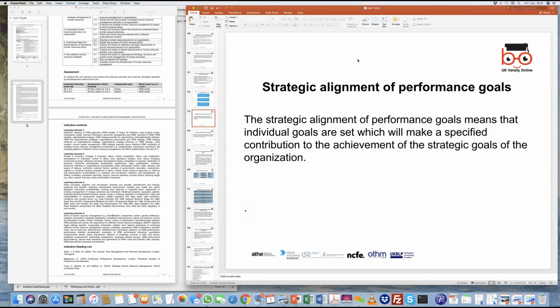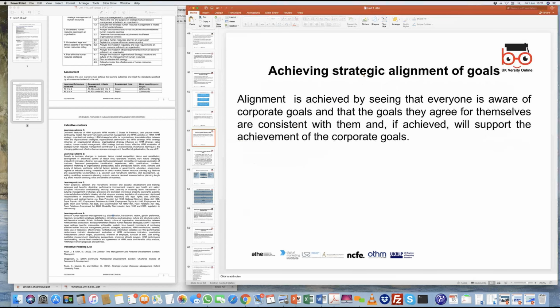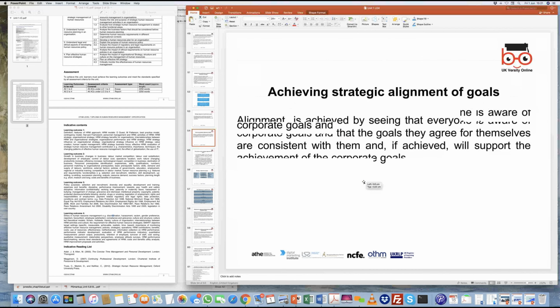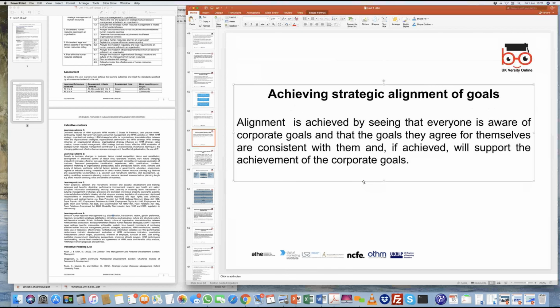But if I set something quite big, then it becomes unrealistic, and that is not achievable. So when we look at goals from a company's point of view, or from an HR strategy point of view, the goals are not set for 3 months, 6 months, or 1 year. They are set normally for 3 years, 5 years, 10 years.